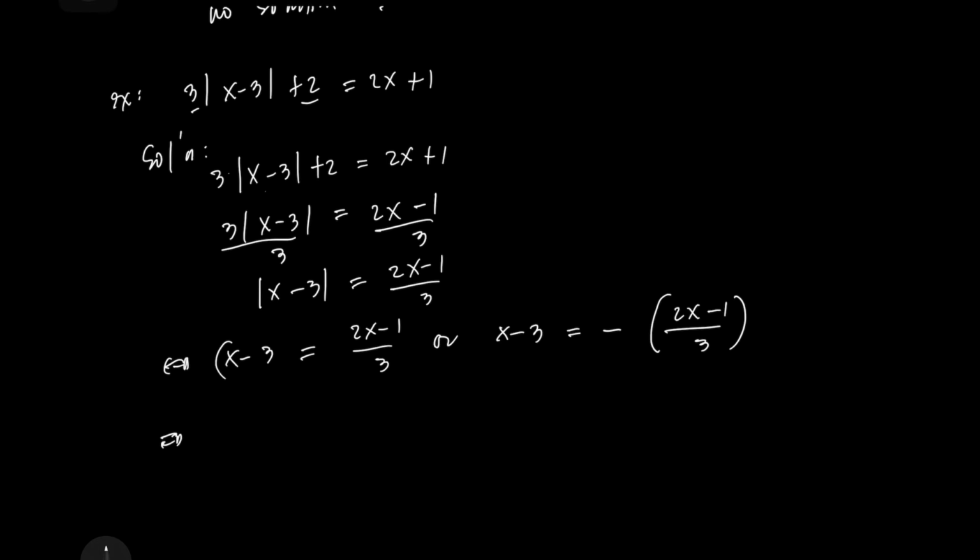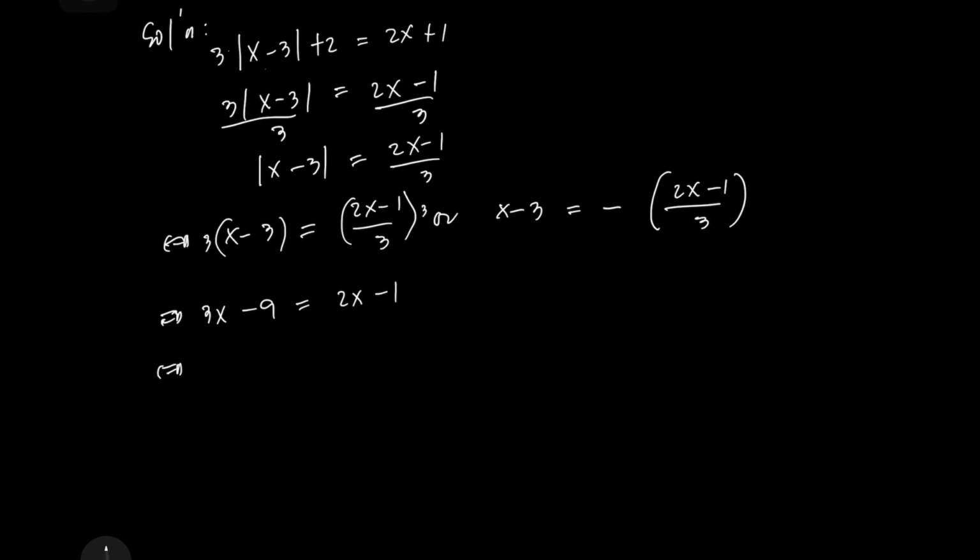We can multiply 3 on both sides here to eliminate the fraction. So we have 3x minus 9 equals 2x minus 1. Combine the variables on the left side and the constants on the right side. So we have 3x minus 2x equals minus 1 plus 9. So x is equal to 8.